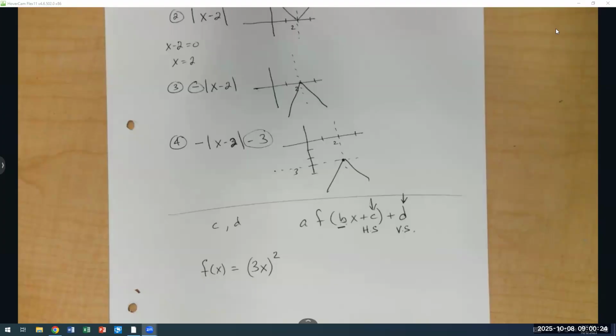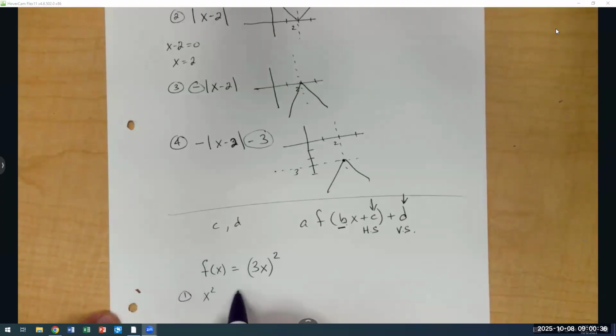What would my graph be? So the original graph is x squared. It's a parabola.